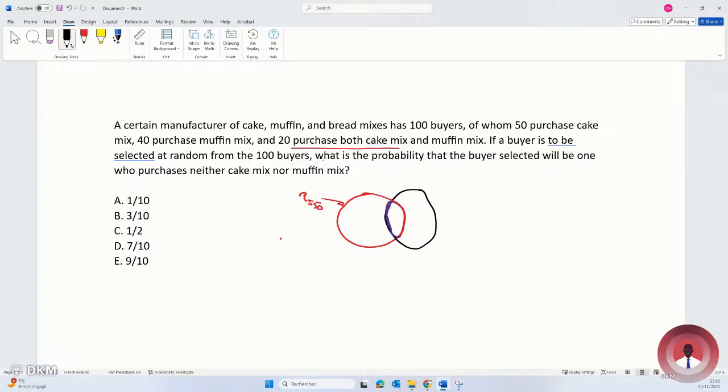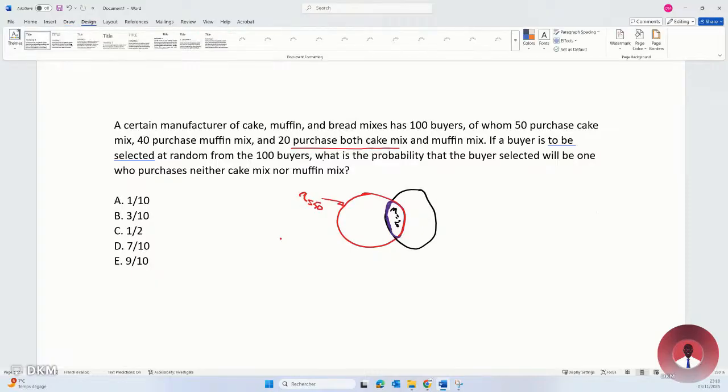So it's going to be here, call it N, which is equal to 20. And here we're going to have 40 buyers that we call Y purchasing muffin mix.